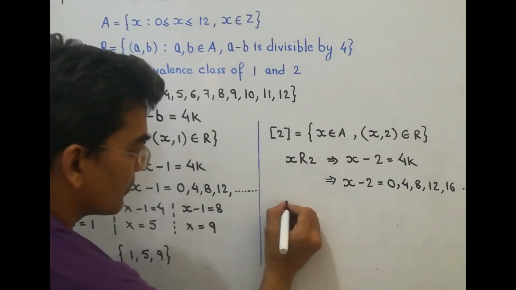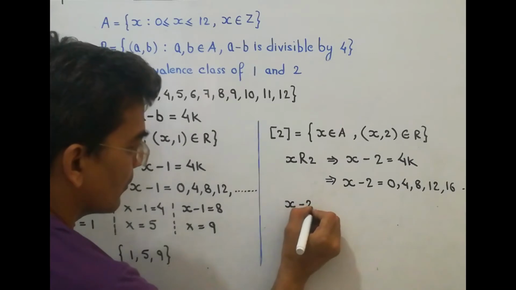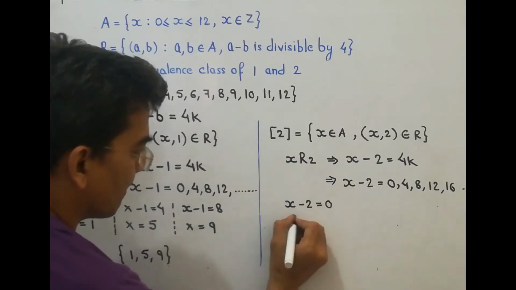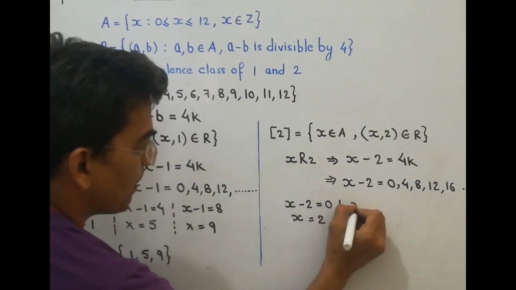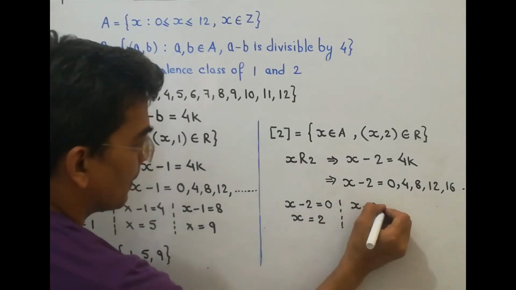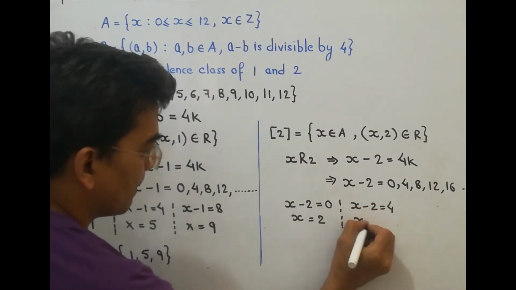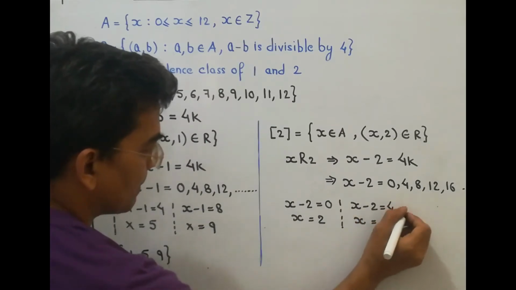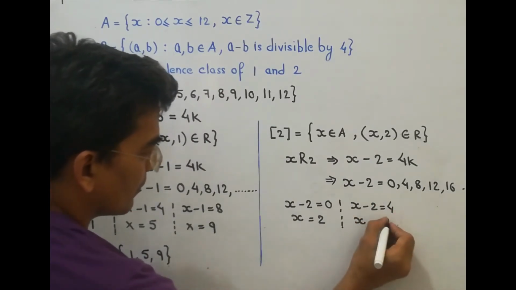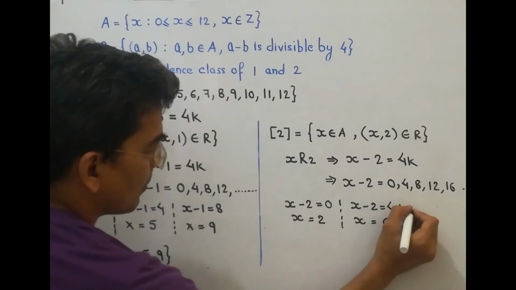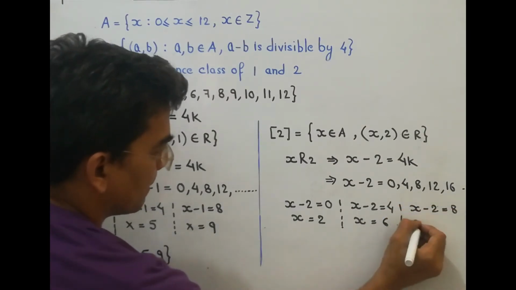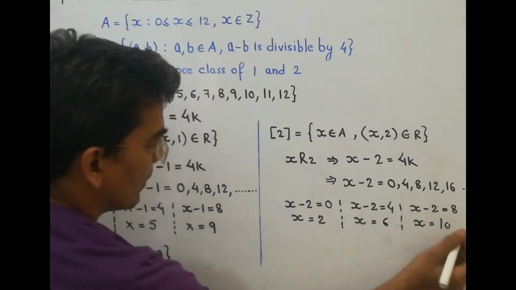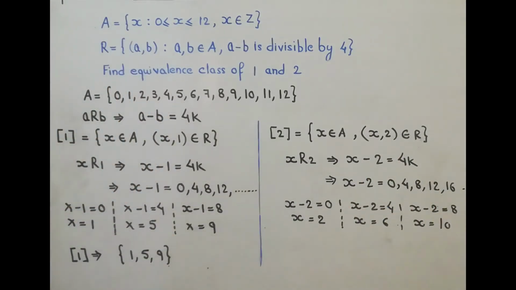First one, now if you solve after this, you will be getting a value for x which does not lie here.